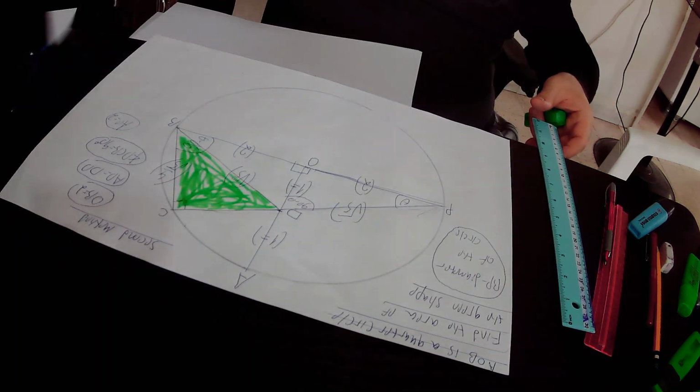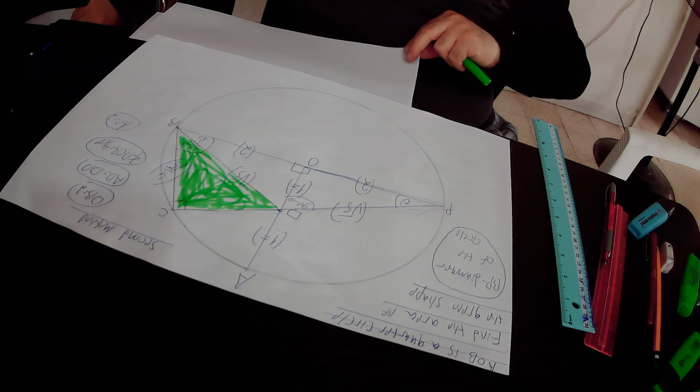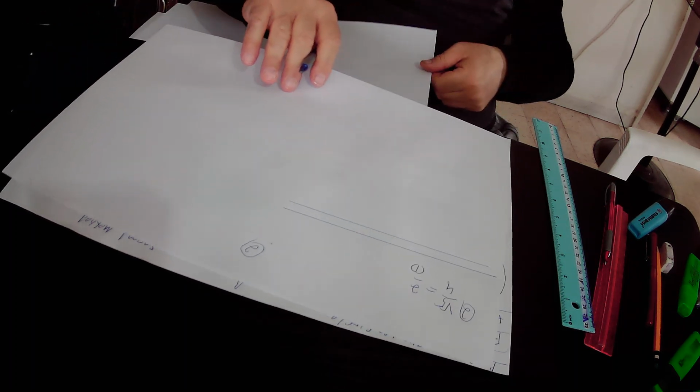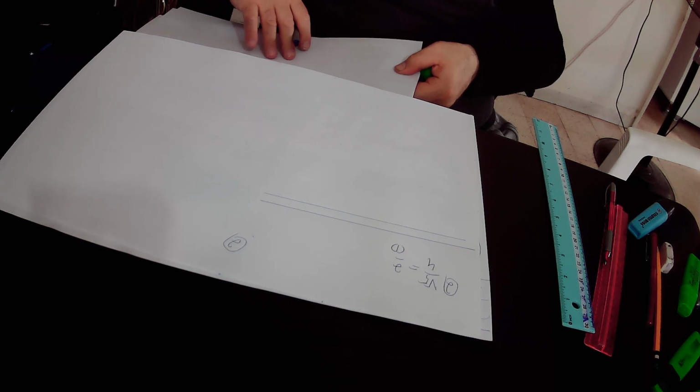And again, according to equation 2, square root of 5 over 4 equals 2 over CD.